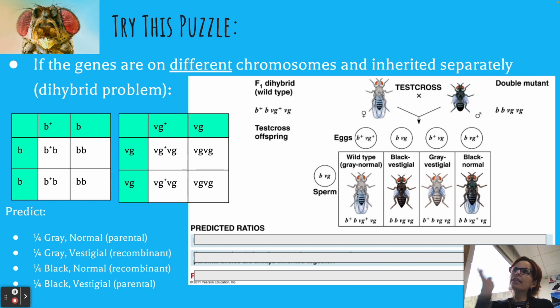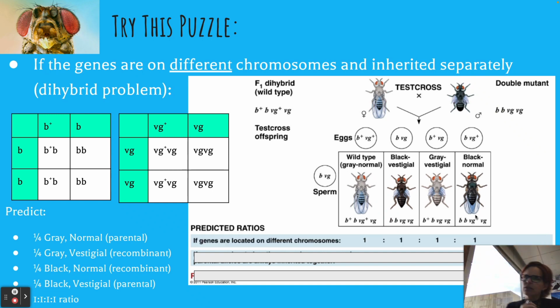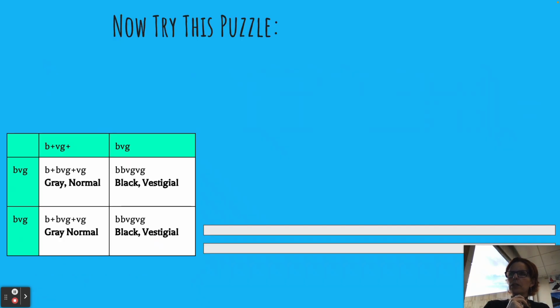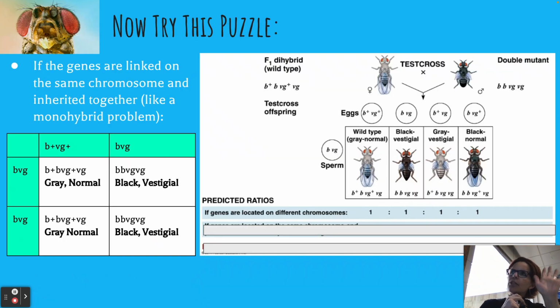Okay, so in this test cross, we're predicting that we would get the same number of gray full wings, black vestigial wings, gray vestigial wings, and black full wings, that we would get equal numbers of them. However, give me a second. So if genes are located on different chromosomes, we get a 1-to-1 to 1-to-1 ratio. I'm continuing, I'm not there yet.